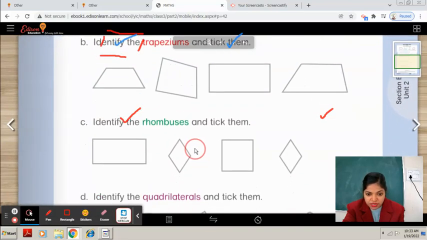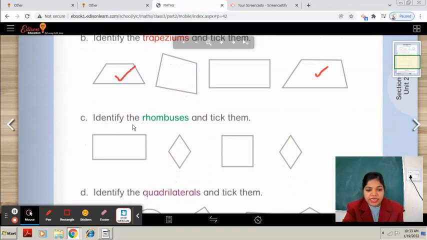So now in part C we have to identify the rhombuses and tick them. What we have studied in rhombus, that all the sides are equal. Like square, it has 4 sides, and all the sides are equal.